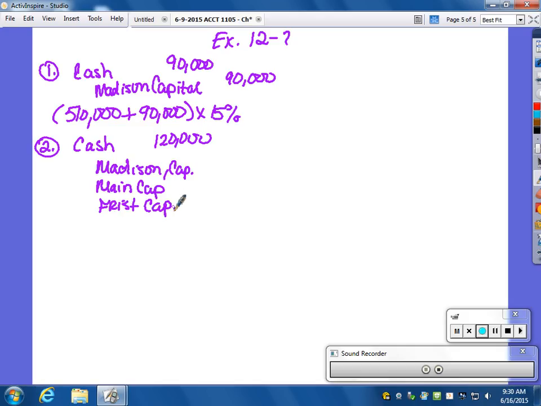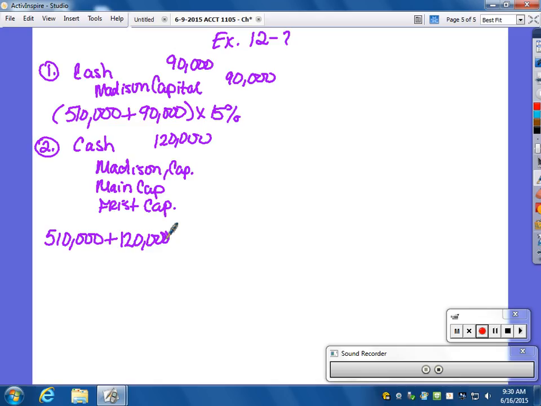And how are you going to get these amounts for these accounts? The first one, 510,000. Okay. 120,000. Right, because we have to take existing capital and add in what has been invested. What else did we do here? Is that it?